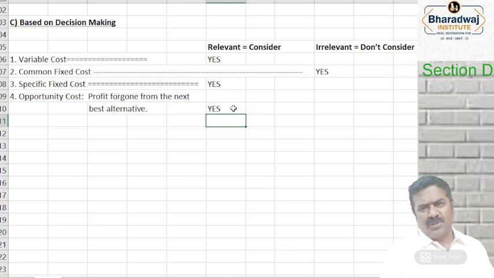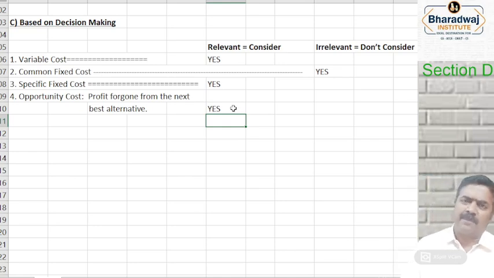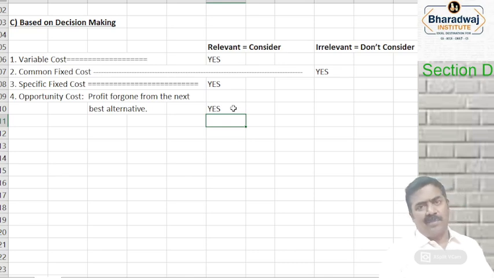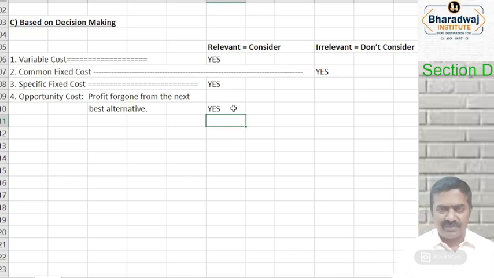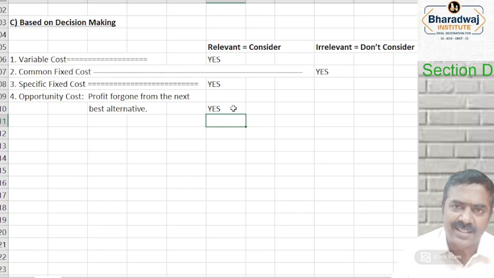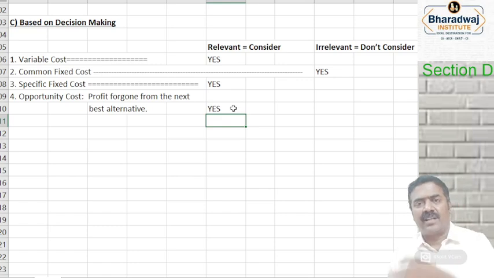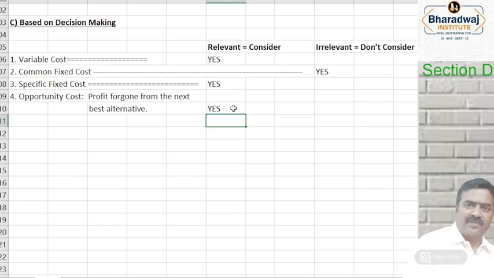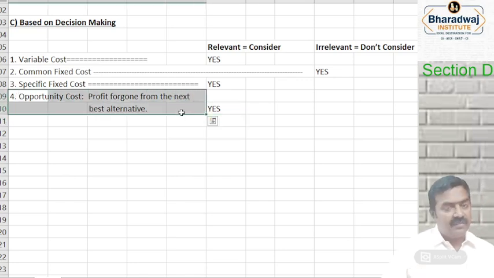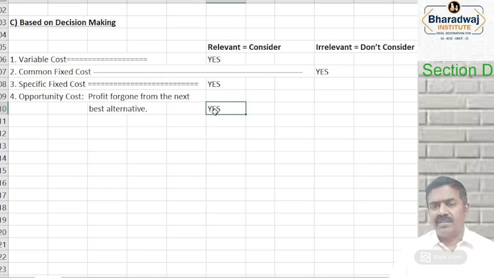Whether the business is good, is it safe, etc. The second thing they will ask is, in bank I get 7% interest. Will you be giving me at least that 7% interest? Simple. Opportunity cost of using the bank deposit is 7%. I lose 7%. That I should get in the form of business profit. Clear? So the profit foregone from the next best alternative, we will always consider for decision making.